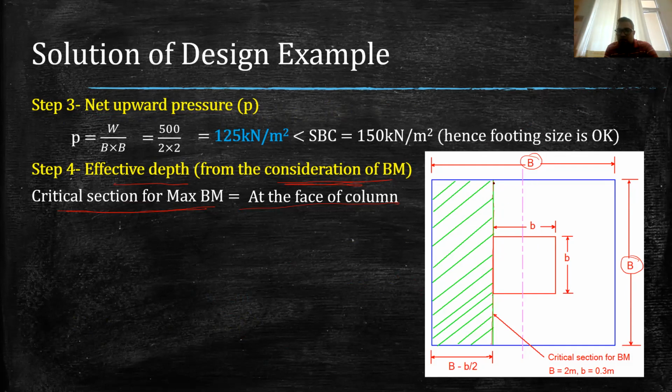Now we have to find out bending moment at this point. Well, if we want to visualize this also, say this is our column and this footing is subjected to net upward pressure over the whole footing, and this is our critical section, and this column is subjected to downward external load.